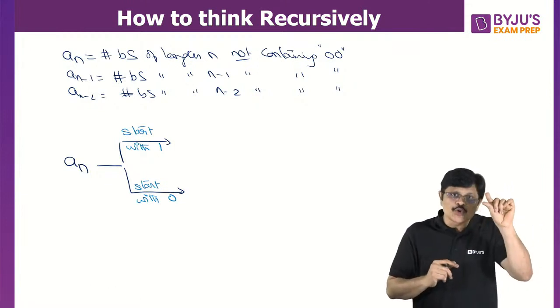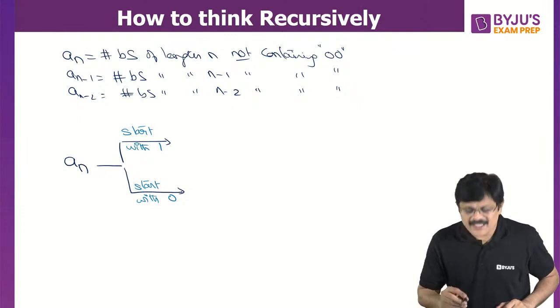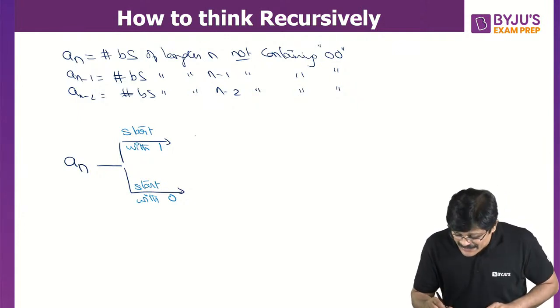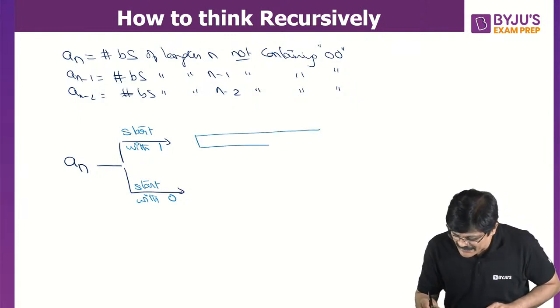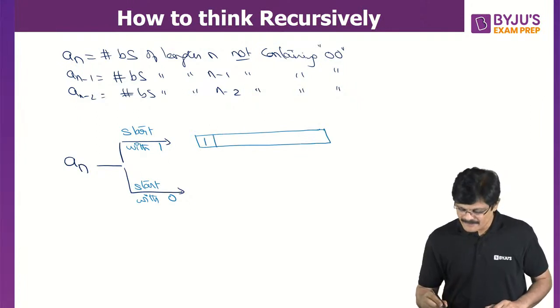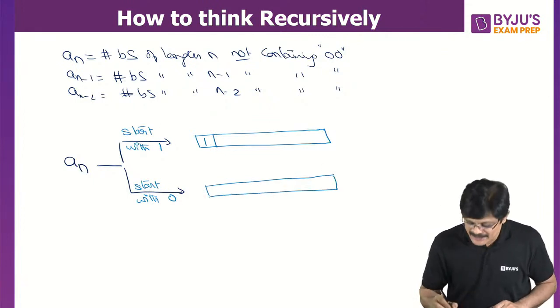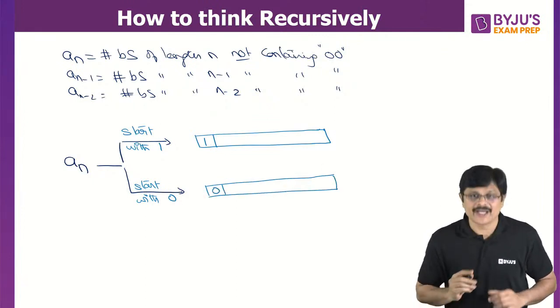It's not like पहले 0 ही लिखना है, ऐसा कुछ नहीं. Okay, wonderful, very good, Sidhu. अब देखिएगा, the length is n, but it is starting with 1. इधर length is n, ये starting with 0 हो रहा है.